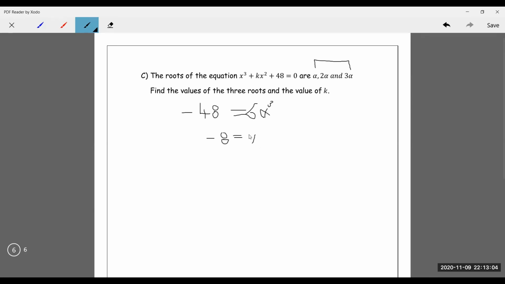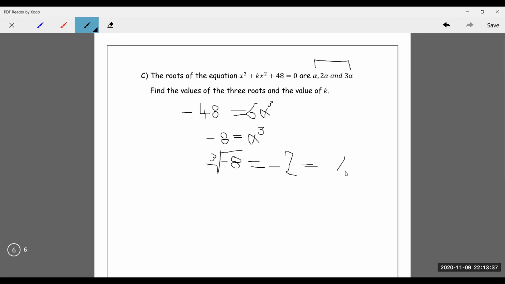And so what we need now is the cube root of negative 8. The cube root of negative 8 is negative 2. And so what we're saying is that negative 2 is equal to alpha.